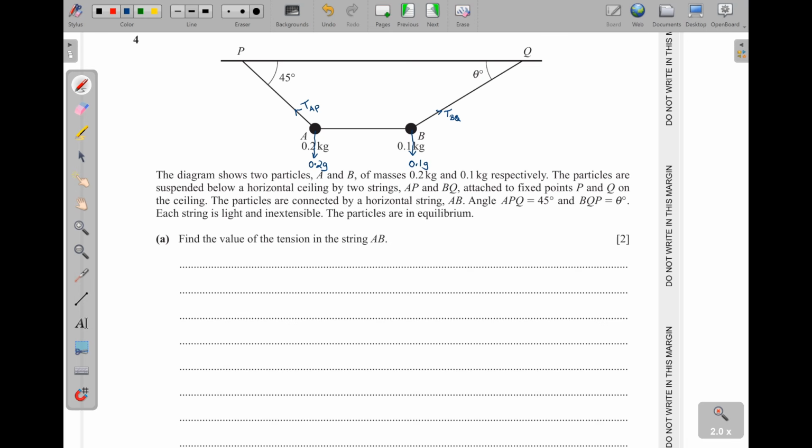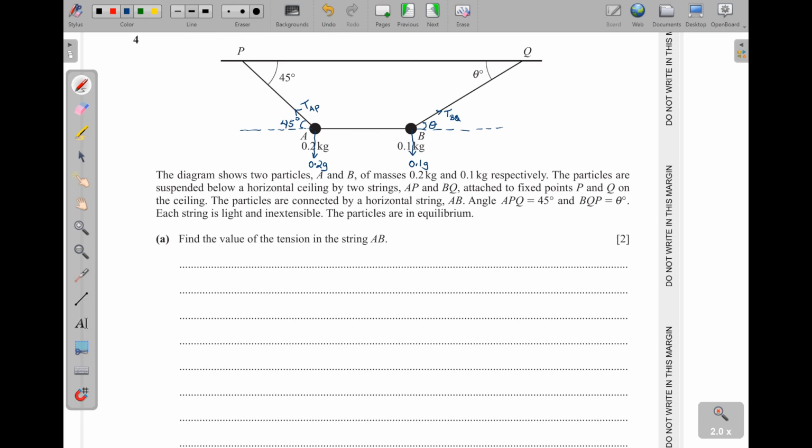This being a horizontal line, I can extend it. Then using the principle of angles on parallel lines, this angle 45 is equal to the one here, 45. Also here, if I extend this one, it simply implies that here we have theta.